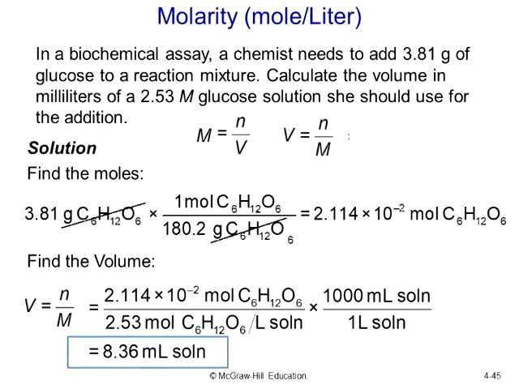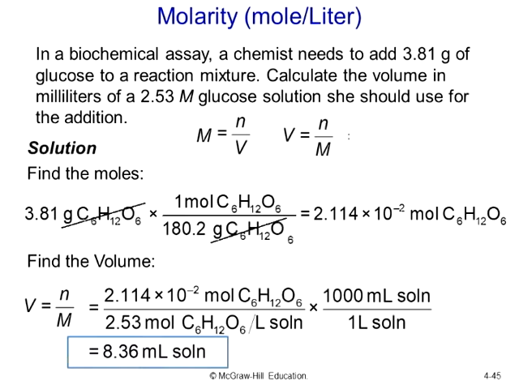To find the number of moles, we start with the given grams, 3.81 grams of glucose. We do a dimensional analysis, with grams on the bottom because our given has grams, and whatever the given has, the denominator must have in the very first conversion factor. We convert grams to moles, and therefore we now have the moles of glucose.